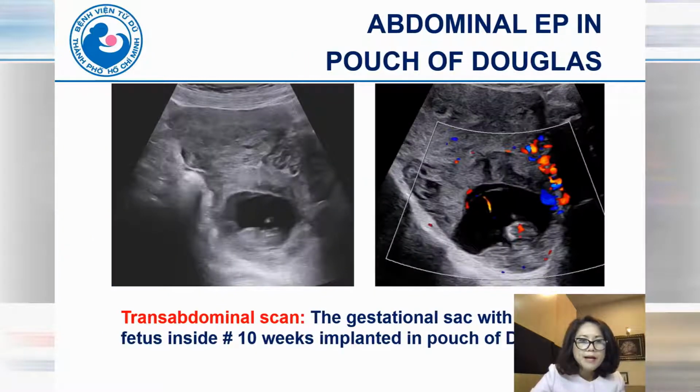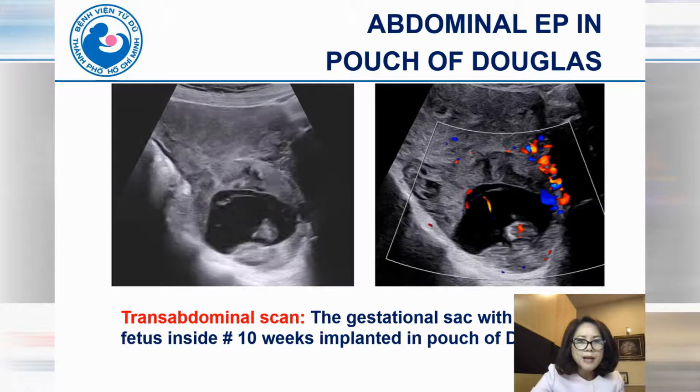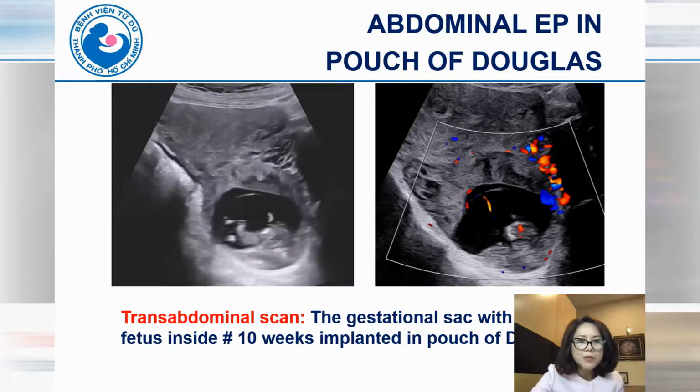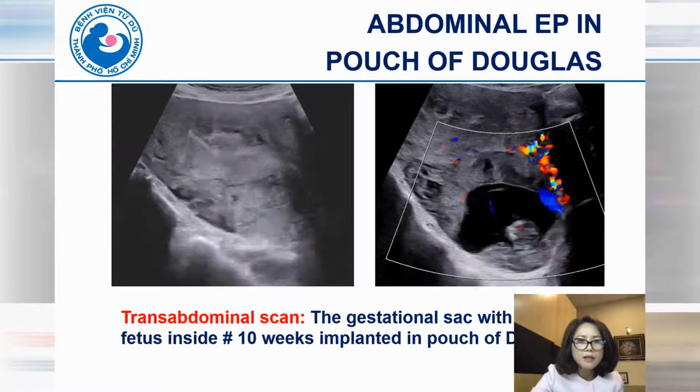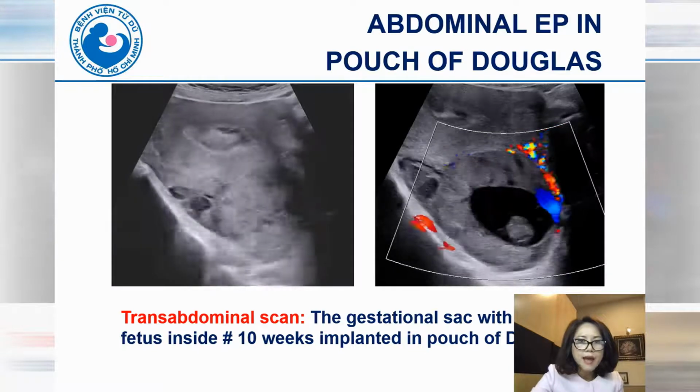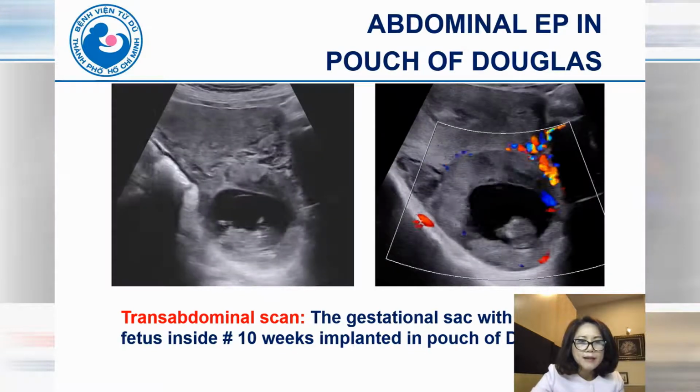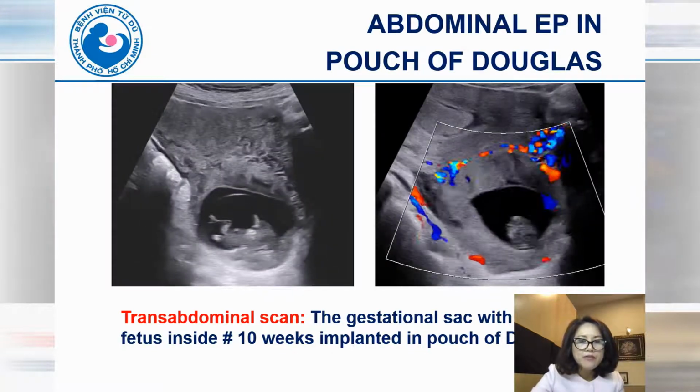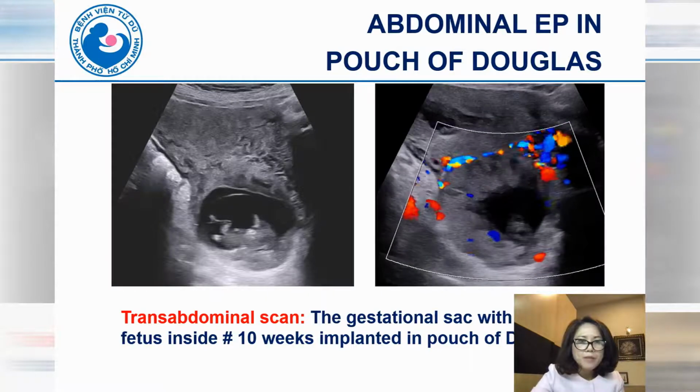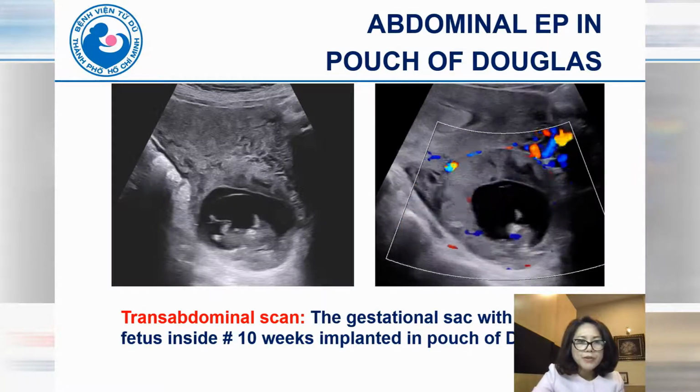This is a case of abdominal ectopic pregnancy in the pouch of Douglas, on 2D and color Doppler transabdominal. We can see the gestational sac with a live fetus inside, at the posterior wall of the uterus.